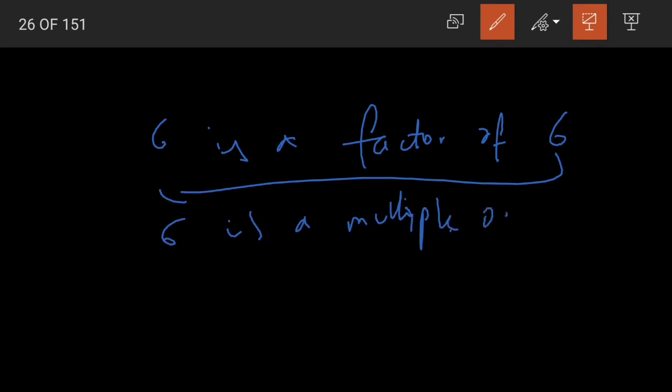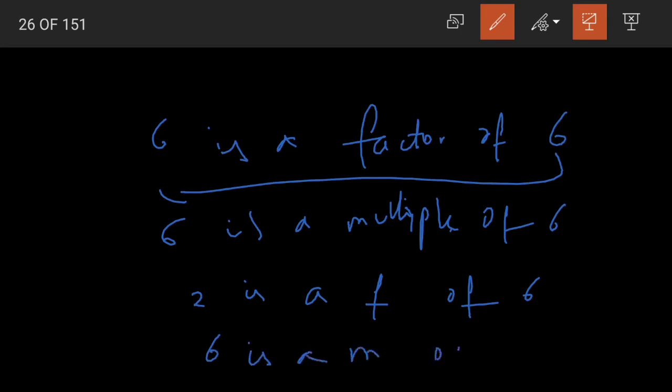6 is a multiple of 6, children. In the previous class I have explained the relationship, right? Yes. When I say 2 is a factor of 6, 6 becomes a multiple of 2. Opposite relation.